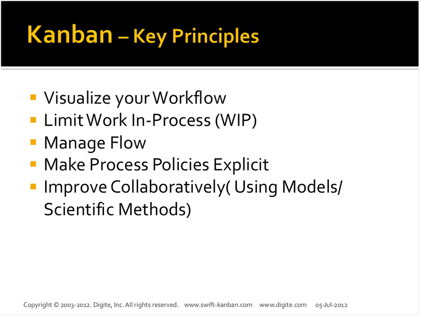There are theories around this, like Little's law, which talk about how multitasking on a certain card is actually bad. It doesn't help in improving quality. Rather, it ends up in poor quality and rework. So if you are able to limit your work in progress, the whole team can work much faster and collaboratively, and start seeing improvement even within the sprint, something that you've already been doing in Scrum.